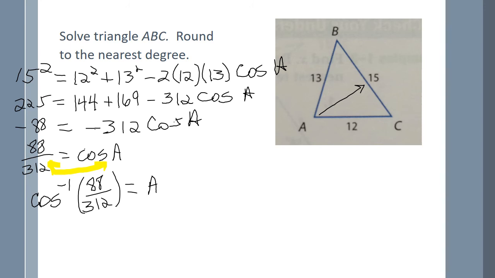So A is approximately 74 degrees, because we're rounding to the nearest tenth. So this is 74.